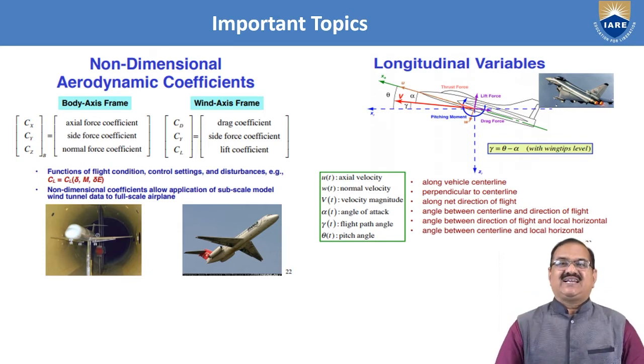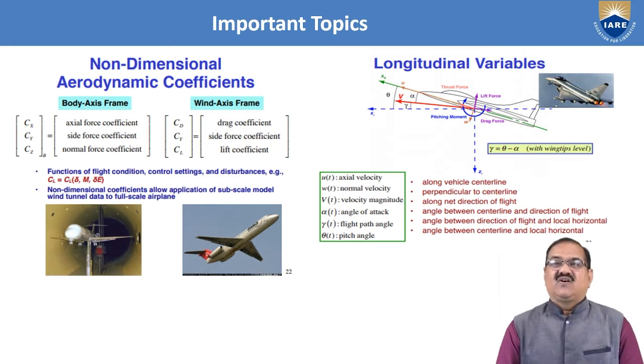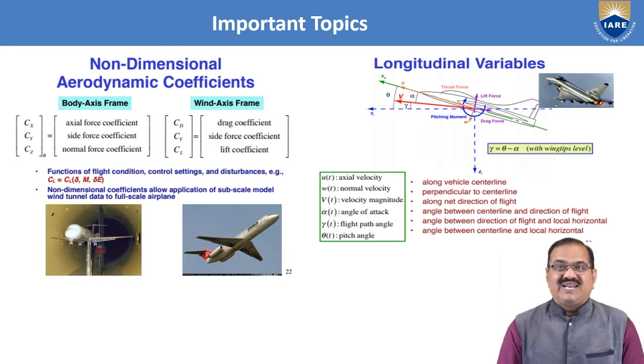Here cx, cy and cz are in the body frame: cx indicates the axial force coefficient, cy indicates the side force coefficient, and cz indicates the normal force coefficient. In the wind axis frame, in the x direction we get CD, the drag coefficient, and cy, the side force coefficient.